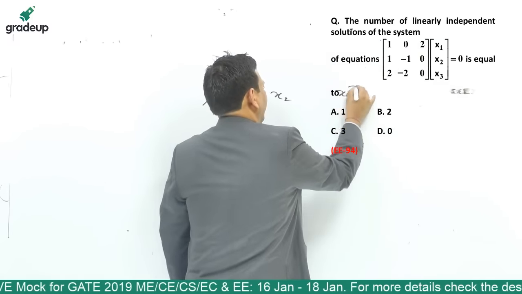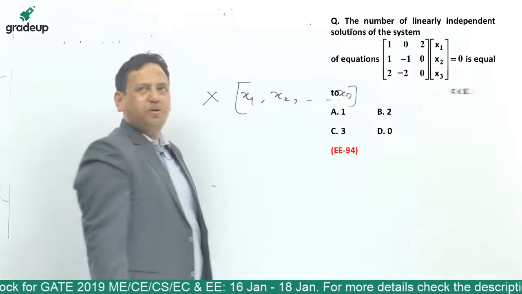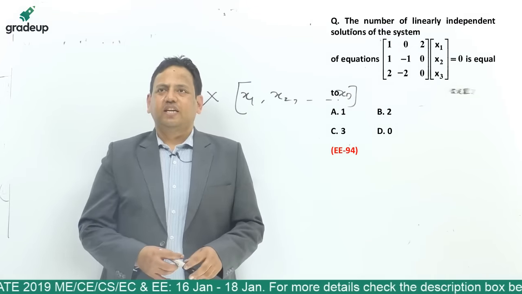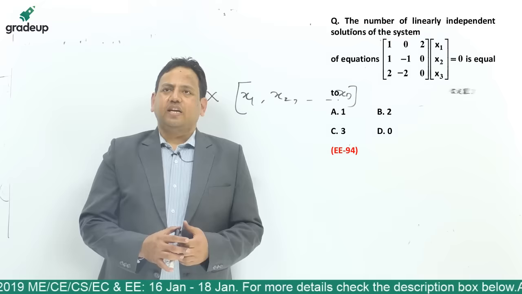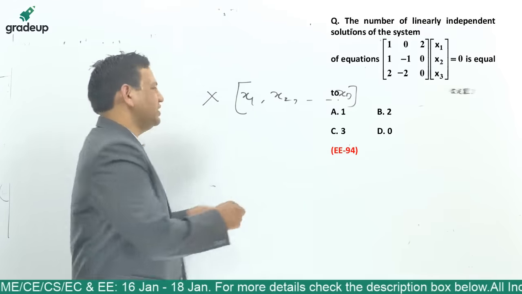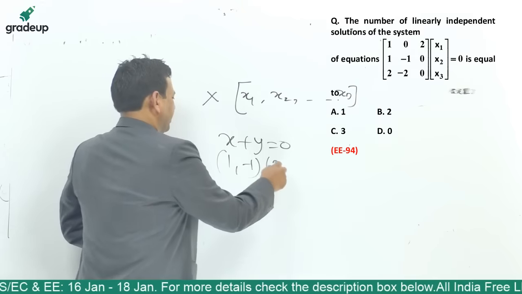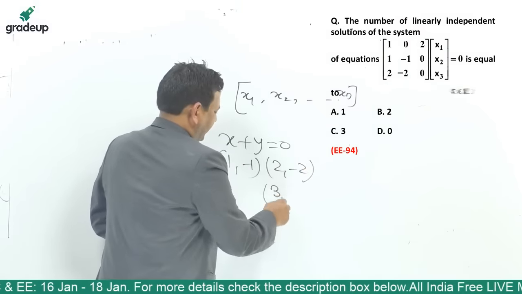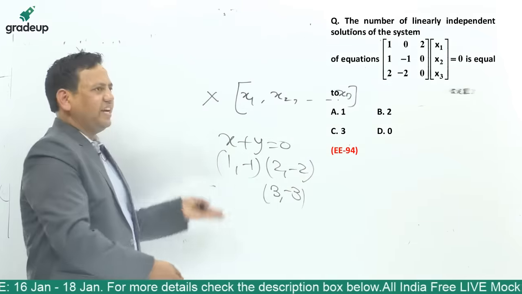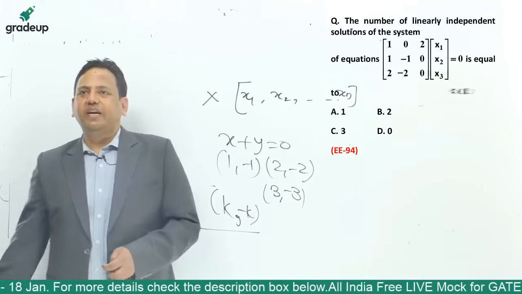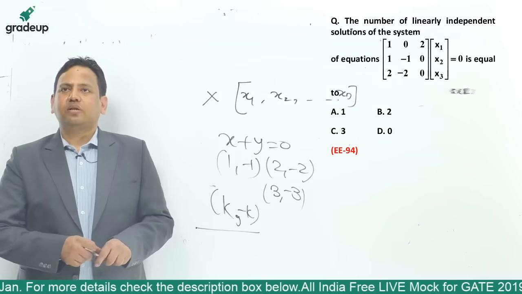There should be at least one element which is not equal to 0. If all are equal to 0, then it is a null matrix. Infinite means if there is a solution, 1 minus 1 is a solution, 2 minus 2 is a solution, 3 minus 3 is a solution. You can write infinite solutions, and they are in the form of k minus k. Okay, I hope it is clear now.